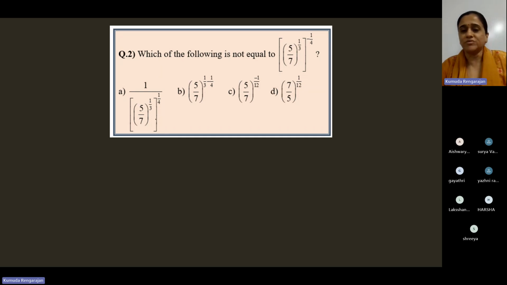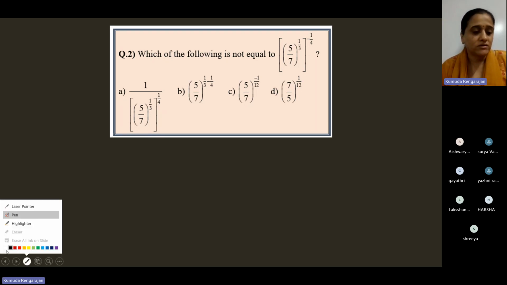So what has happened in option A? The power here is negative. Here it is positive. And then the reciprocal of this expression is written here. Can you see that? How do you write equivalence?